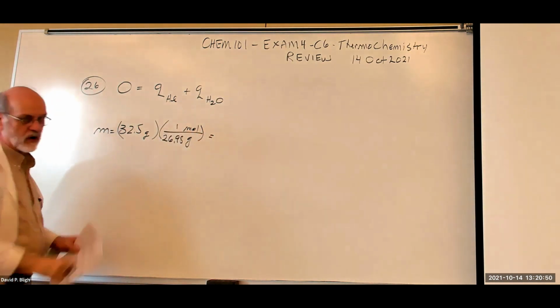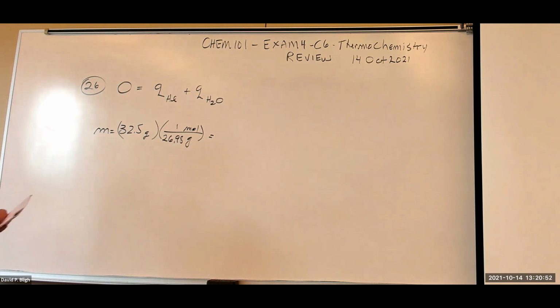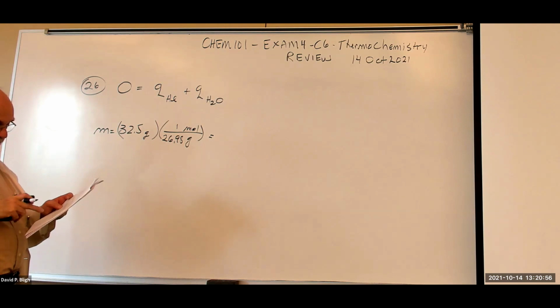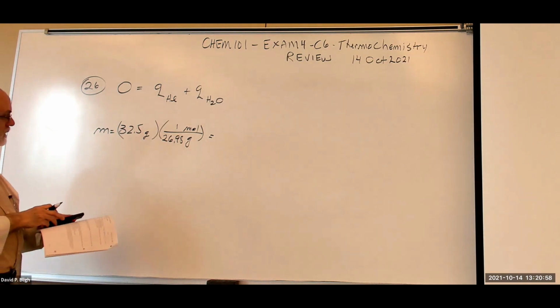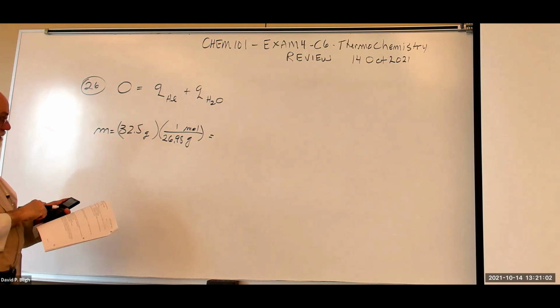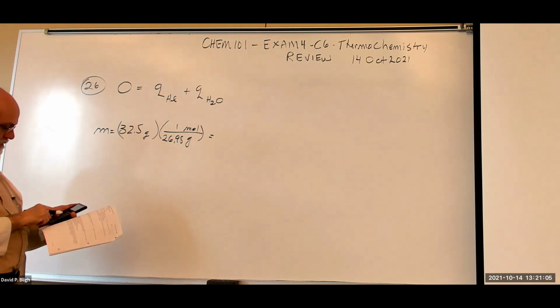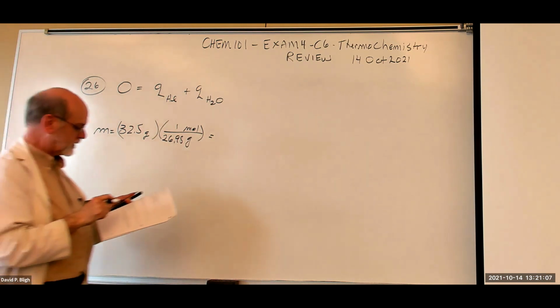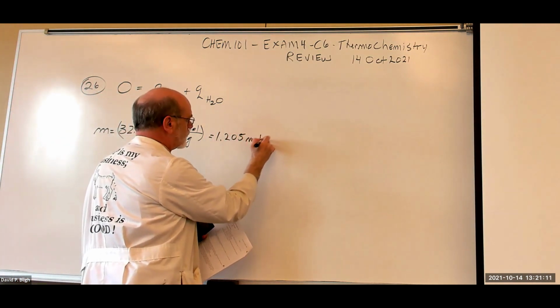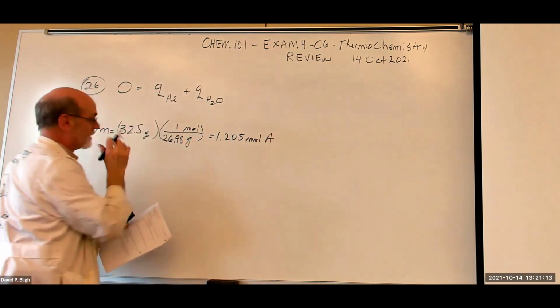So that'll tell us how many moles of aluminum we have. The reason I know that is because the heat capacity for aluminum is given in terms of moles. So that's 1.205 moles of aluminum. All right.